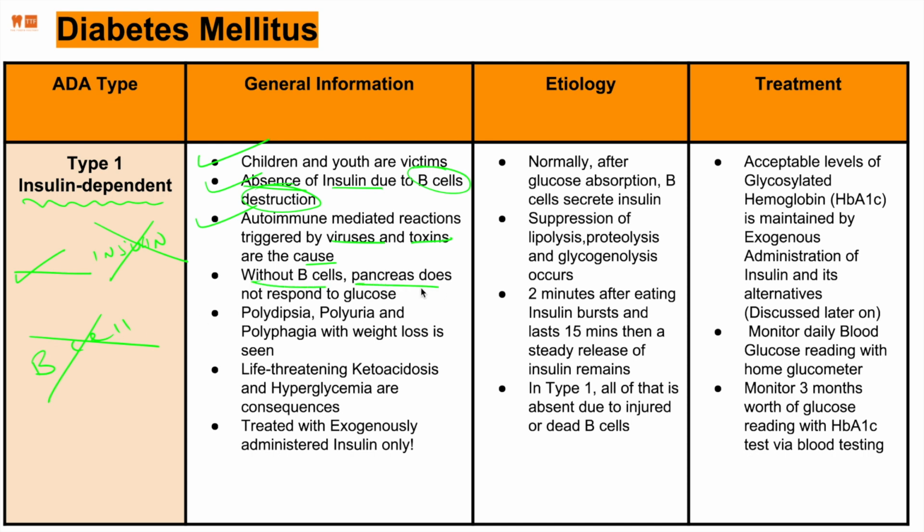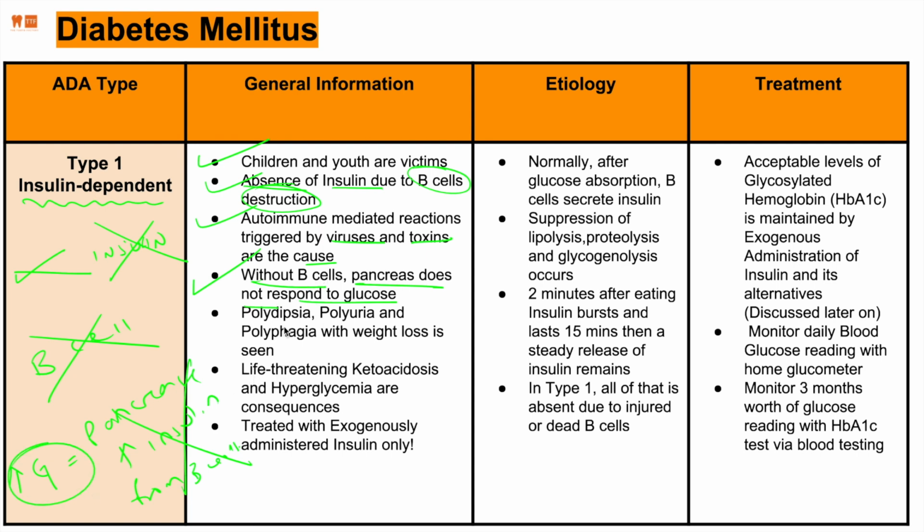Without B cells, the pancreas does not respond to glucose at all, which means normally when there's an increase in glucose in the blood, that leads the pancreas to increase insulin production from B cells. So if this is dead, glucose just keeps increasing.